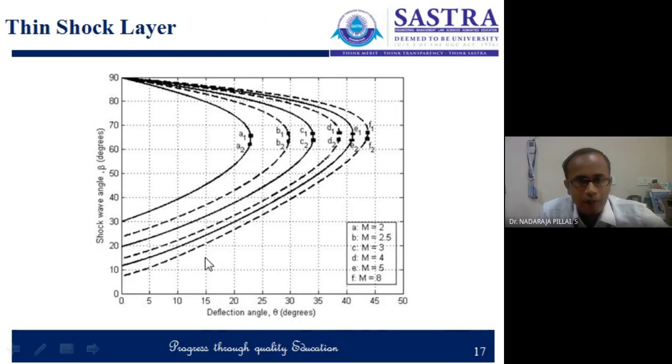When the shock angle keeps on decreasing, we know the shock layer, by definition, is the region between the shock wave and the wedge deflection angle, right? So that keeps on decreasing and it becomes a thin shock layer.